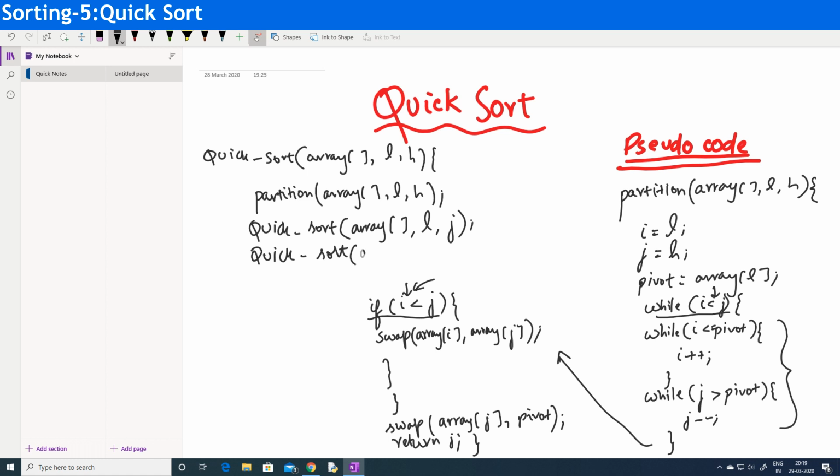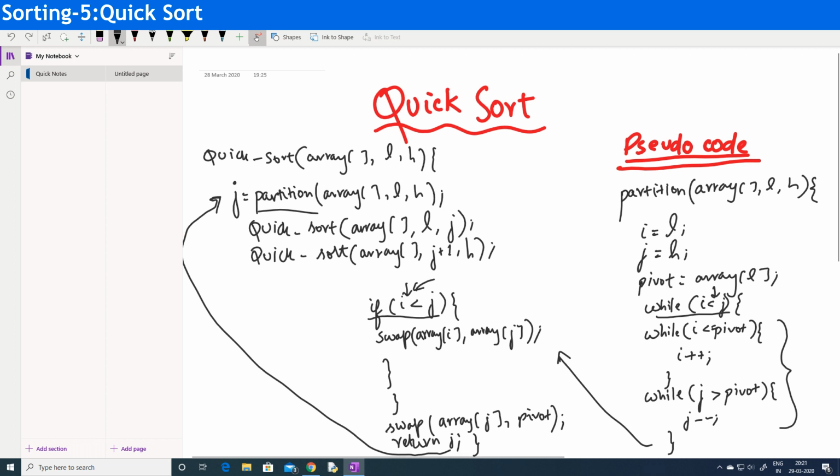Here in place of low we'll have j plus 1, and in place of high we'll have high. Okay, I'm sorry. You need to include a j is equal to here, because the j that we are using here is the j returned by partition. That is one thing which I forgot.